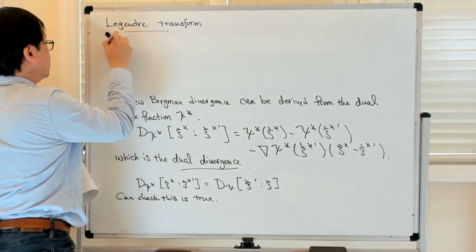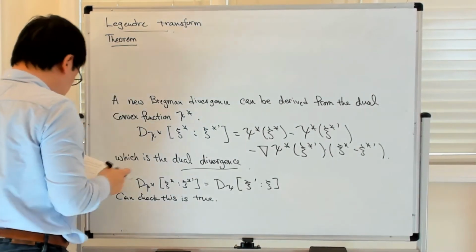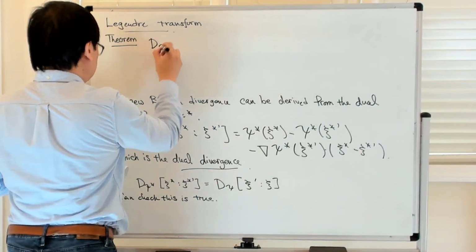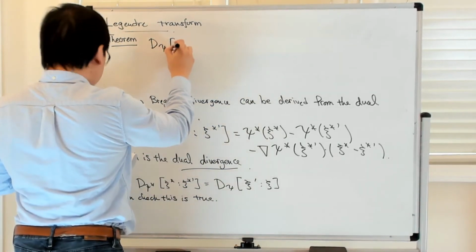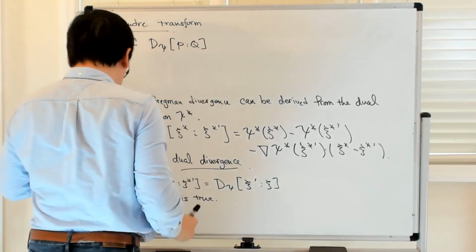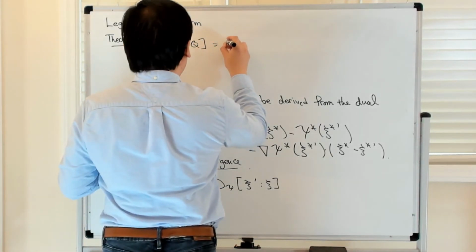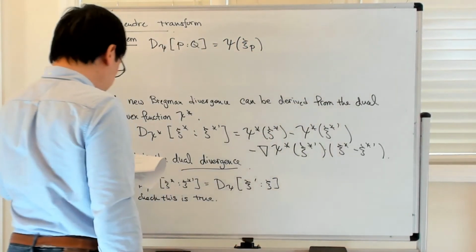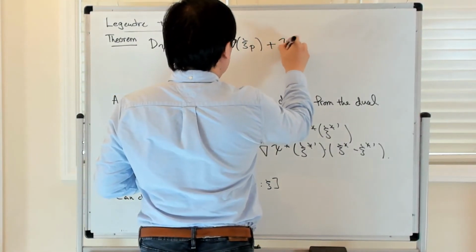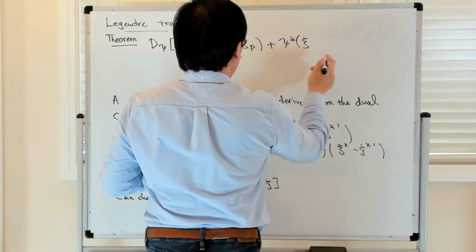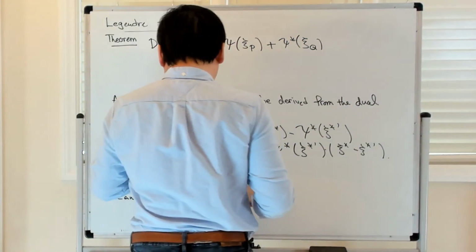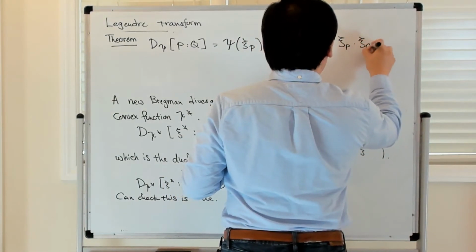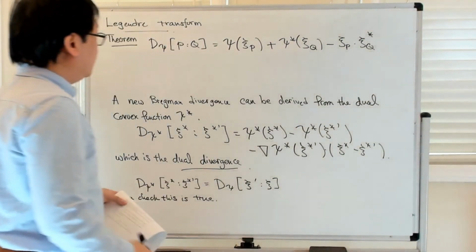So the theorem is as follows: the Bregman divergence between 2 points P and Q can be written as the convex function evaluated at the coordinate associated with P, plus the dual convex function of the coordinate associated with Q, minus cos Cp dot cos Cq star. Okay?